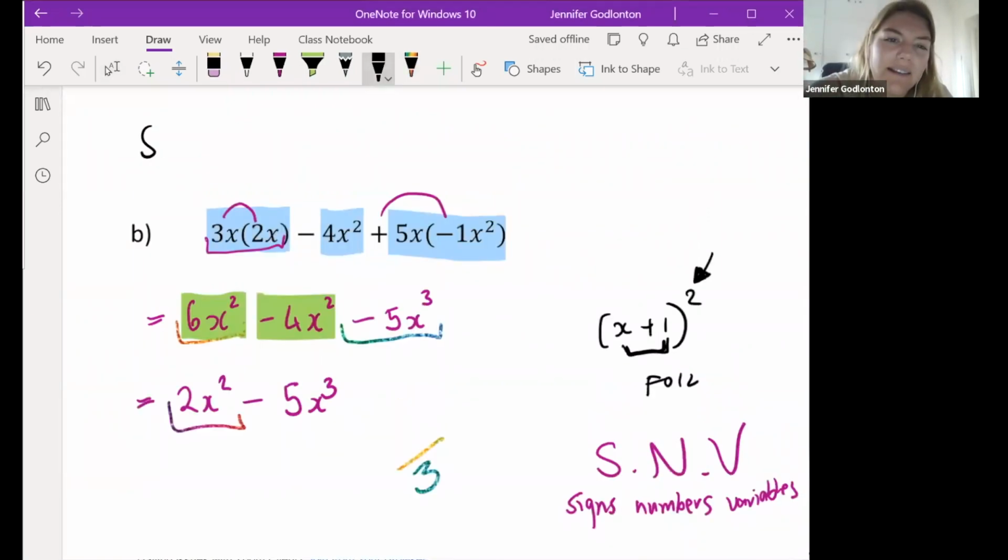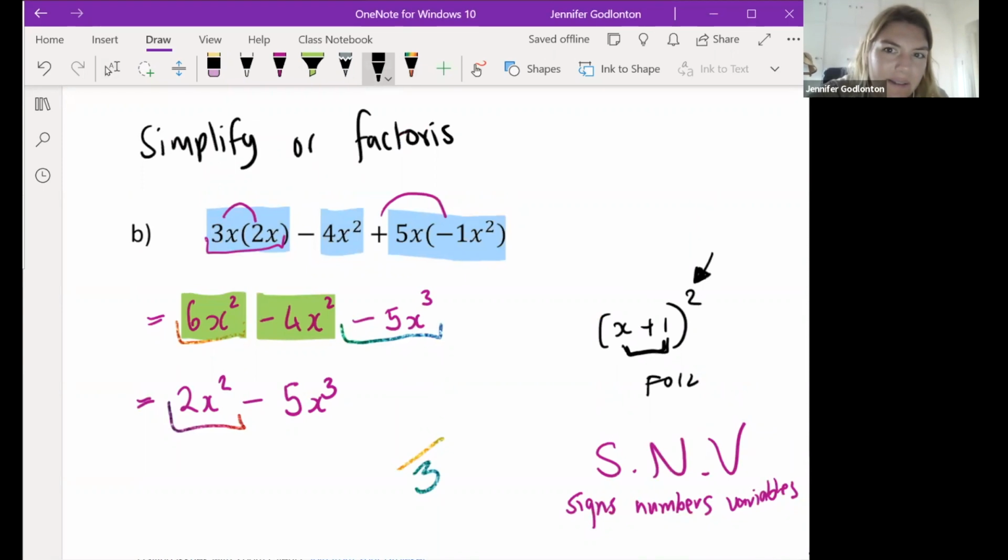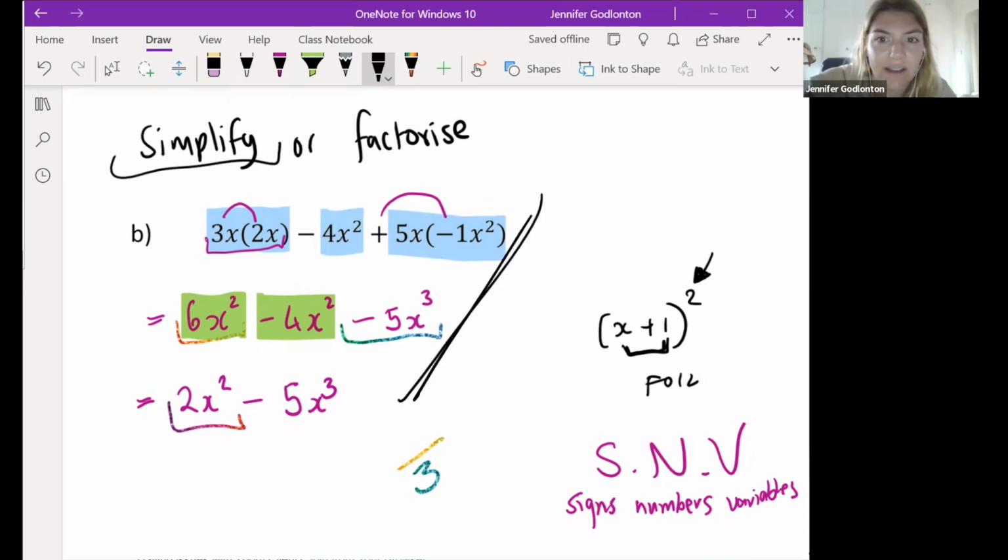The question will either say simplify or it will say factorize. If it says simplify and it's not a fraction, then we just do it like this. If it said factorize, then we would look for highest common factors and all of those good things.